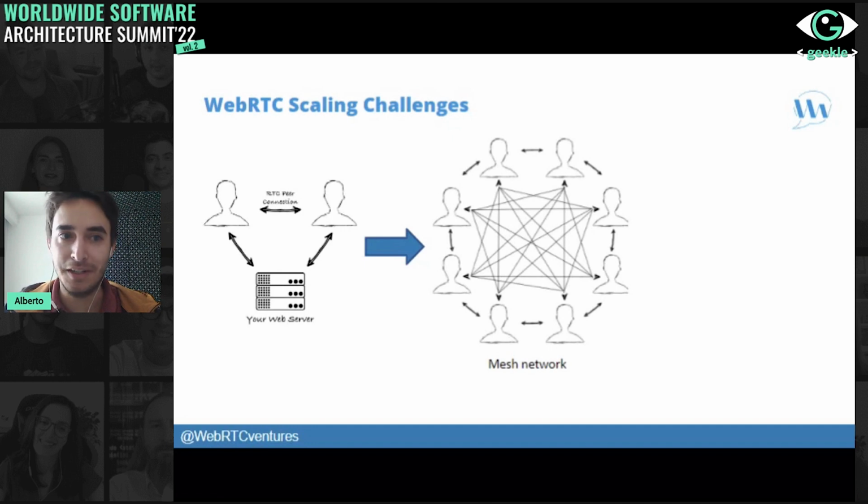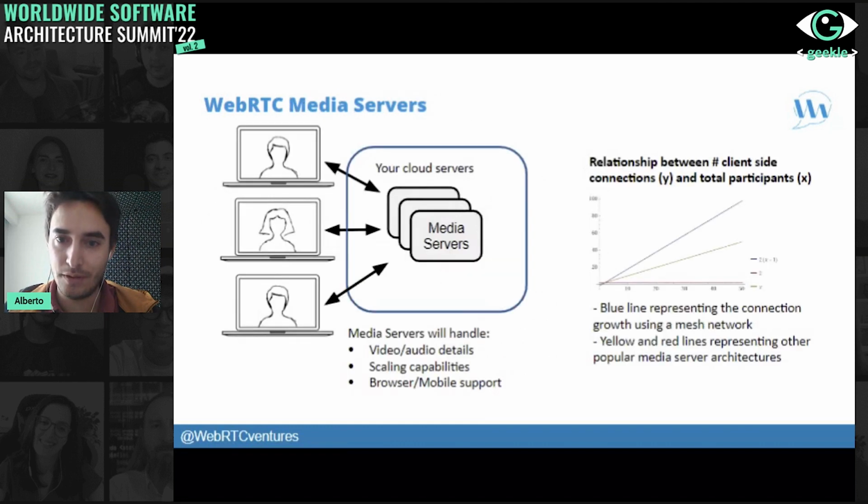Each participant here, for example, would be sending audio and video, like 14 streams each, and there are better ways to do this, and that's what brings up the idea of the media server.